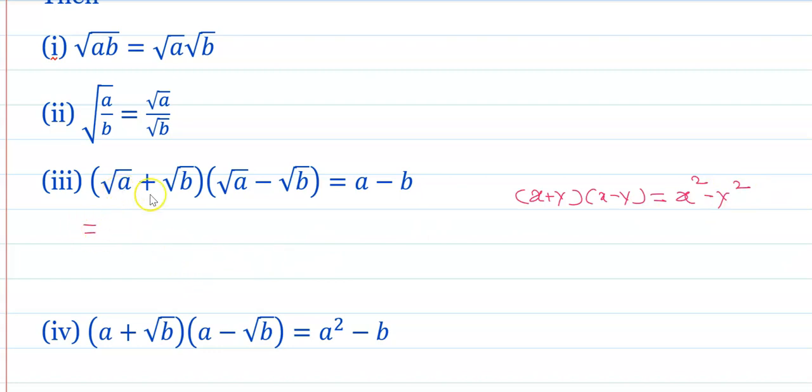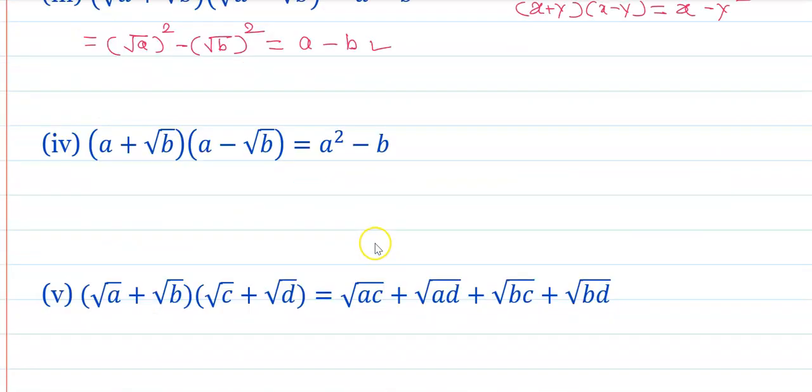Similarly here, a plus b, a minus b, that is root of a plus root of b, in another bracket root of a minus root of b, and therefore here root of a bracket square minus root of b, here b bracket square. Root of a square means what? You will get a minus b, and this is the answer.